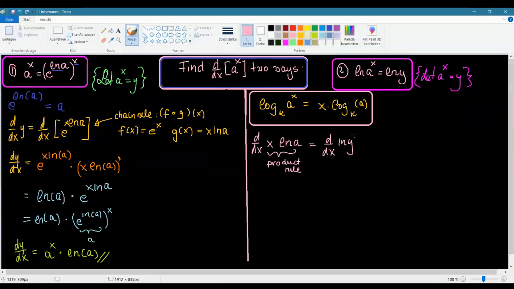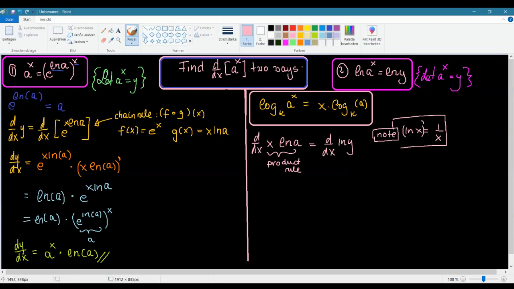Now on the right here, we're going to remember that the derivative of ln x is 1 over x. Let's write a little note, because you want to document your process as you go. ln x prime is 1 over x.